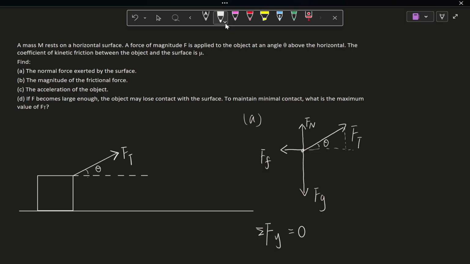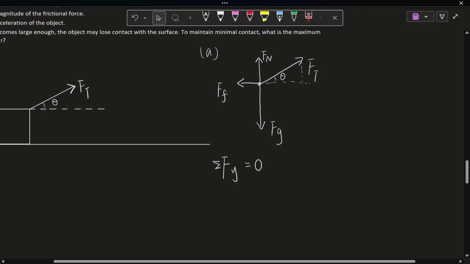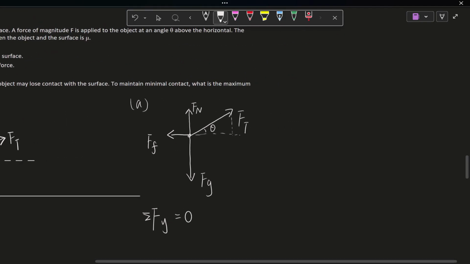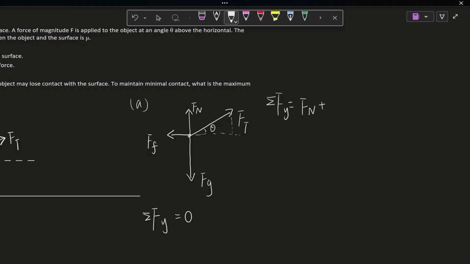So now you can write something like, I'll write it over here. The net force in the vertical direction is equal to Fn plus Ft times sine theta minus Fg is equal to 0.